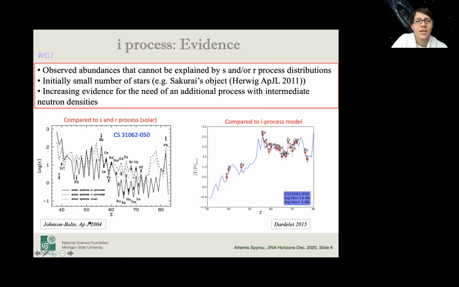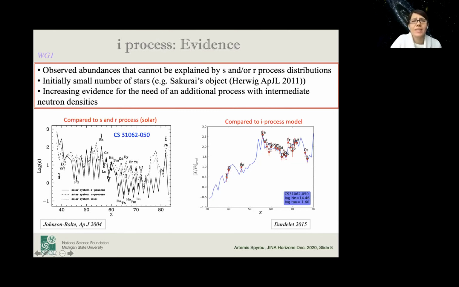The first paper here from 2004 shows the abundance distribution, the observations for this particular star. And then the different lines show you solar system s process only, so this would be the solid line down here, or r process only, this would be the dashed line, or a combination, a sum of the two.